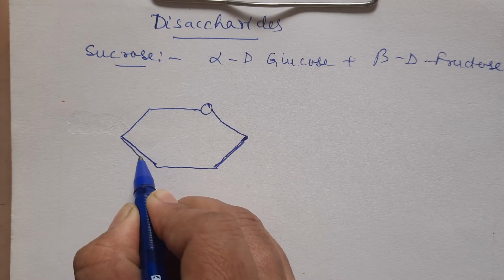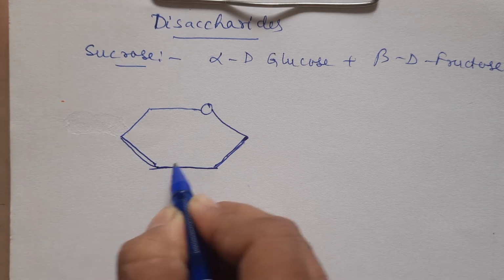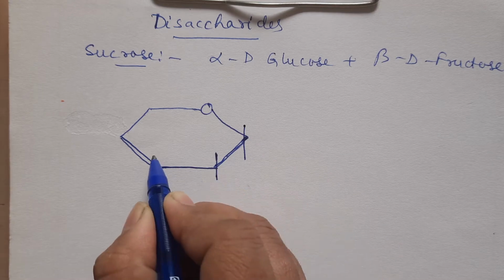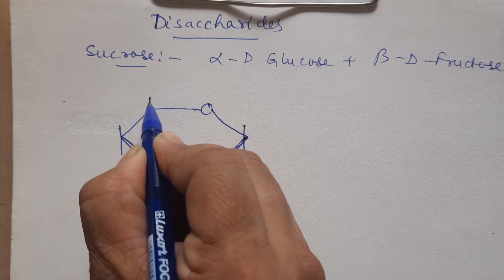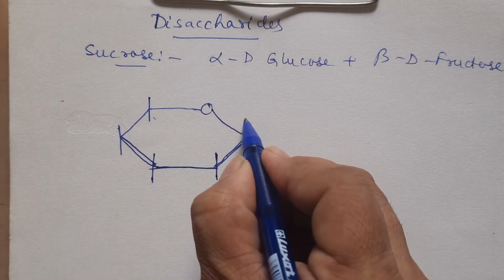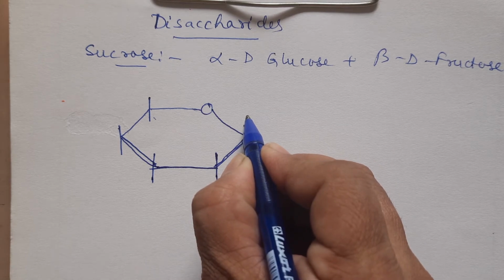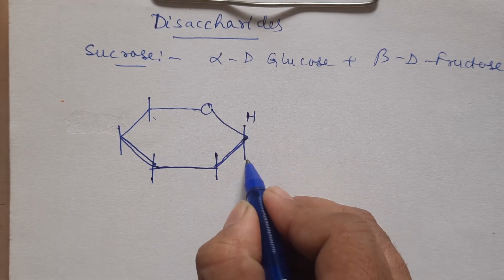The lower part we darken it, right? And then all these corners we draw lines, right? And then we will draw here, alpha we are drawing, that means it will be H, this will be OH.